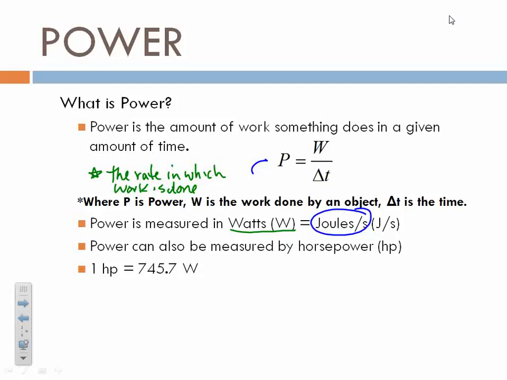Instead of horsepower for engines, you would see wattages for engines. If you have any cool car magazines like I do, then you know they'll give it to you in both. 1 horsepower is exactly 745.7 watts if we wanted to convert back and forth between watts and horsepower.